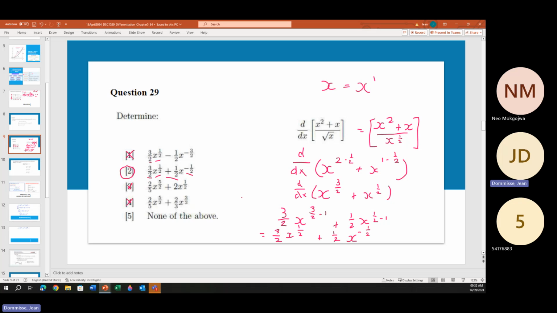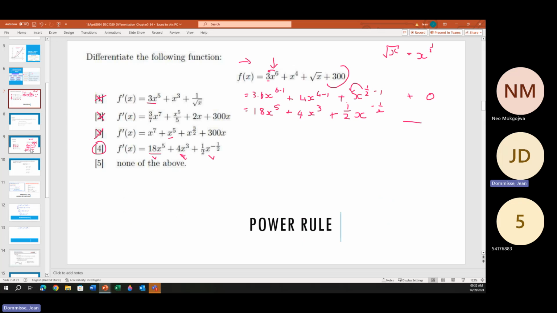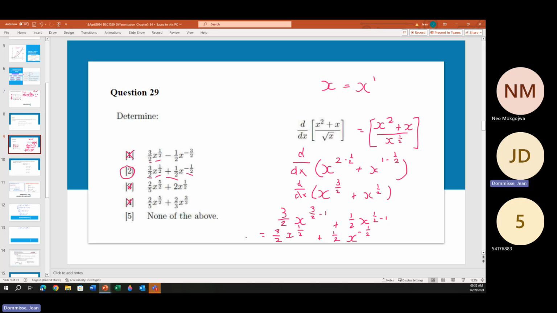Okay, so this one originally seems that we need to follow a certain rule, but if we start simplifying it first, we actually get to use the normal power rule that we have done in the previous question as well.